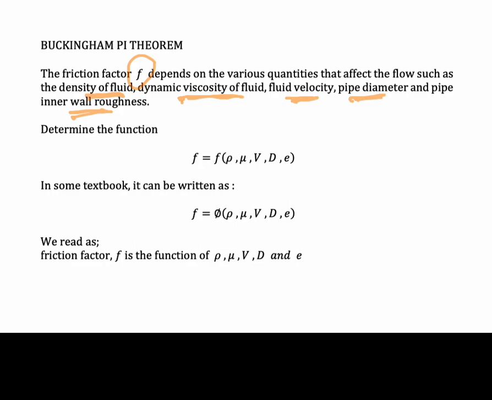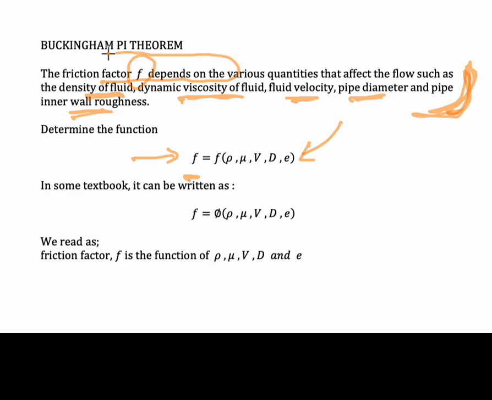So first, when you read this question, you need to convert this statement into a mathematical expression. The mathematical expression can be written as this one. f here is the friction factor.